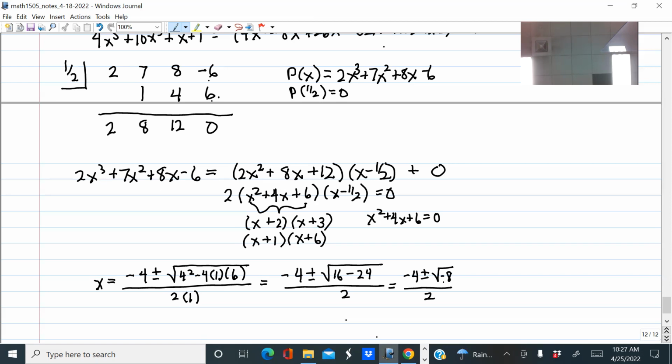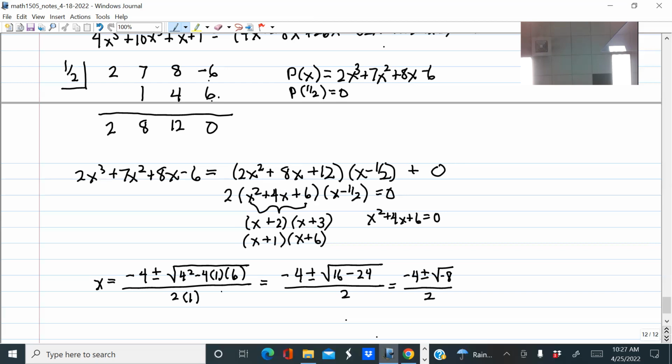And what about the square root of minus 8? Is that a real number? No. Yeah, okay. You cannot have a real number square root of a negative quantity, right? So this is not a real number.